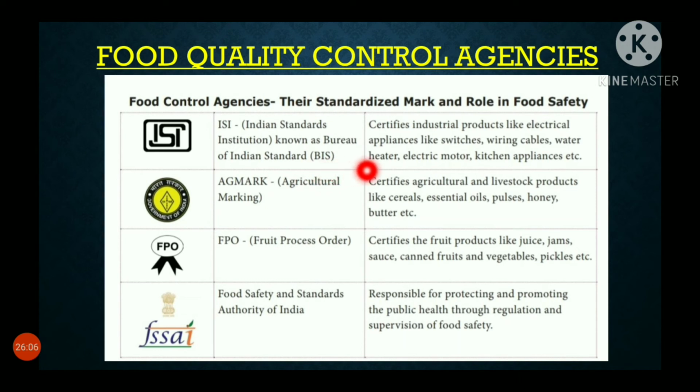Why? This is used to certify industrial products like electrical appliances: switches, wiring cables, water heaters, electric motors, kitchen appliances, etc. When you buy electrical things, you will say there should be an ISI mark. ISI is an agency that checks that people who use electrical things do not get shock.